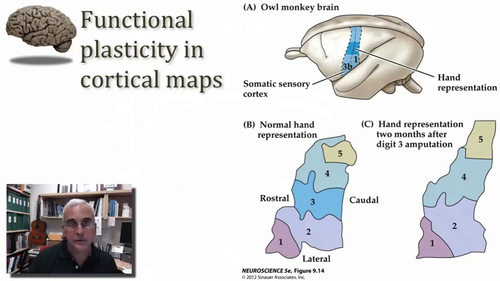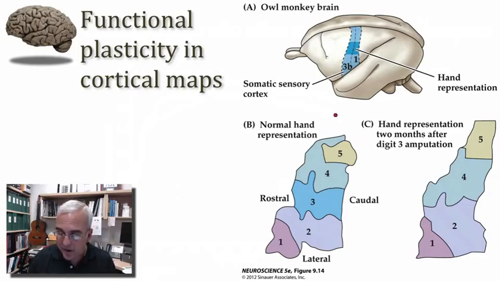And here is an experiment that was done on an owl monkey. The experiment involved the surgical removal of a digit in the contralateral hand, following a mapping of the somatic sensory cortex. The question was, how would that somatic sensory cortex change in the months following the surgical amputation of a digit?